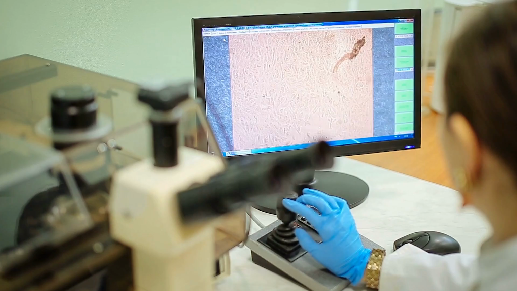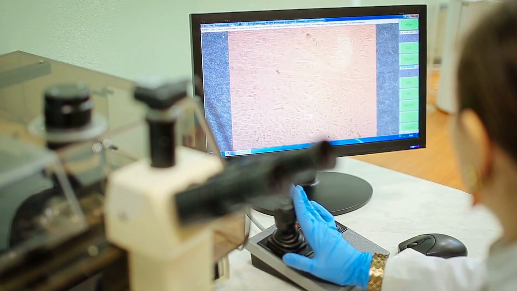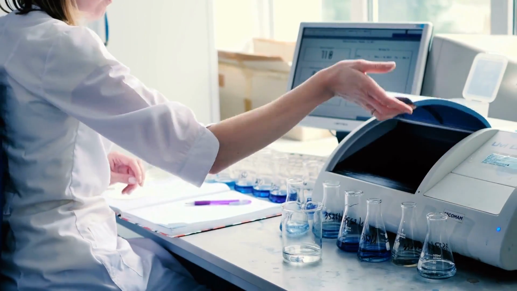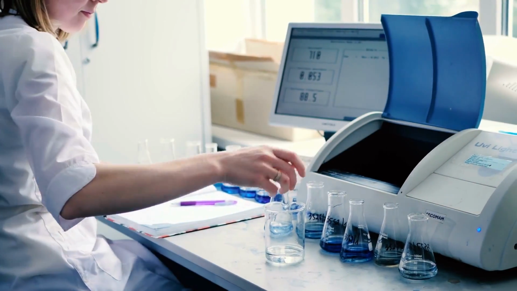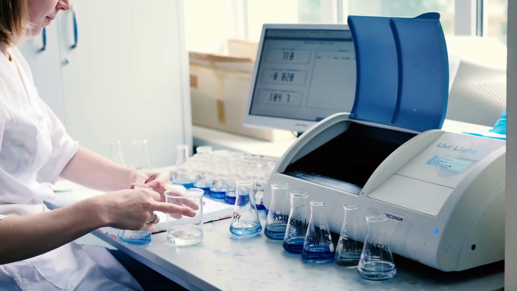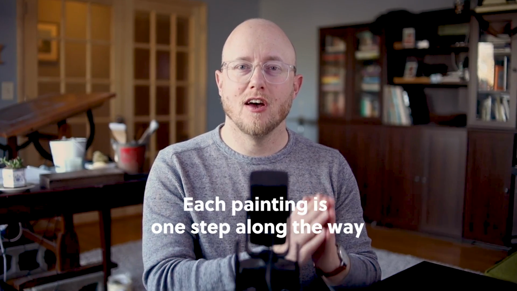If a scientist is conducting an experiment and the outcome is different than what they thought it was going to be, they can approach that outcome without attaching emotion to it, without the baggage of their self-worth connected to it in any way. They see it simply as a curiosity, as one step of many steps along the way.